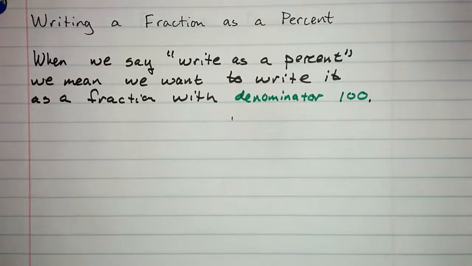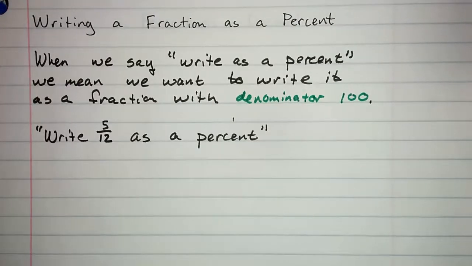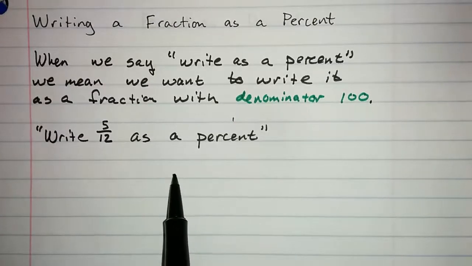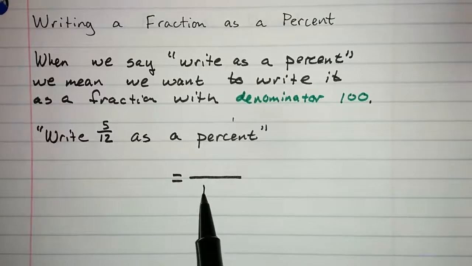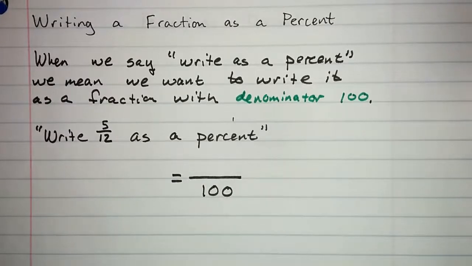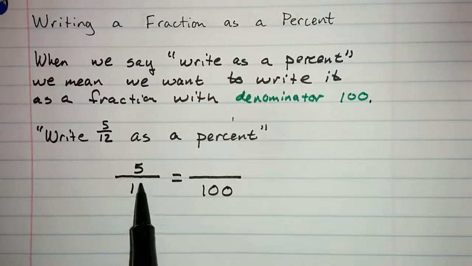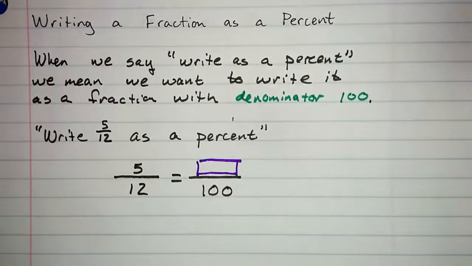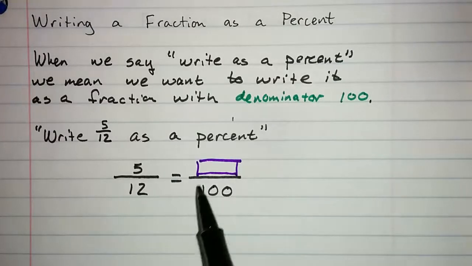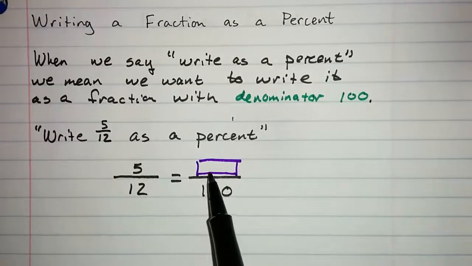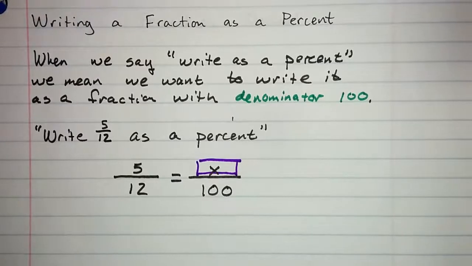So if we say write 5/12 as a percent, we mean find some number, but when we put it over 100, is the same as 5/12. We're looking for just the percentage that goes here. All right, that's easy.